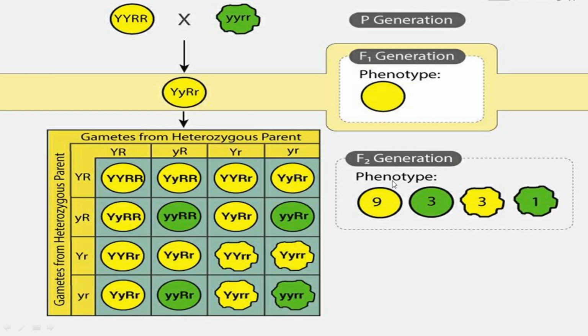In this checkerboard, after the self-pollination or self-fertilization technique, we get four different types of traits: yellow round seeds, green round seeds, yellow wrinkled seeds, and green wrinkled seeds. The whole process gives rise to these four different types of characters.